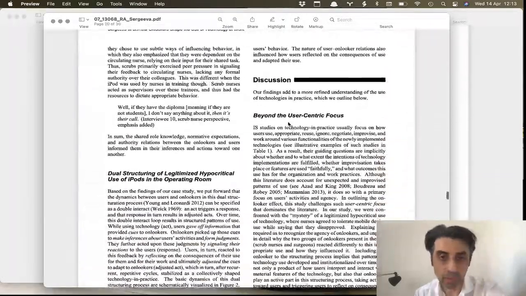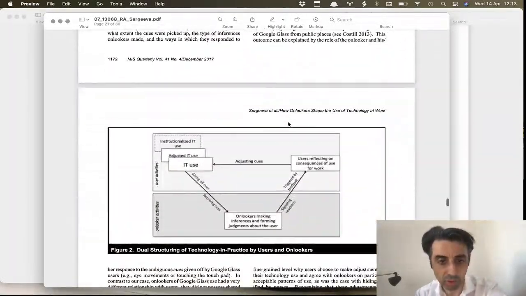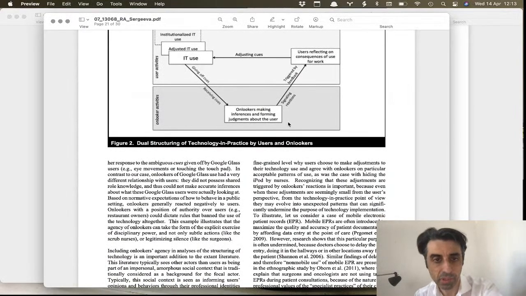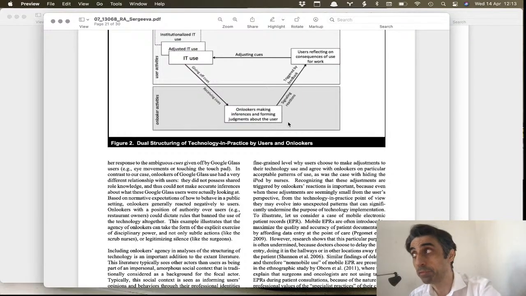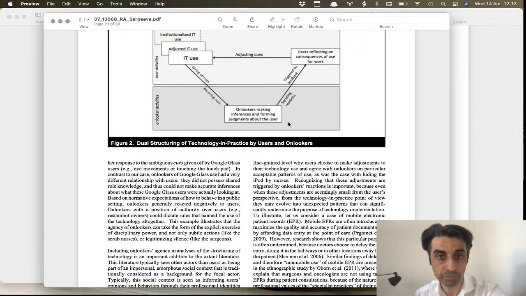So take a look at these two papers. They are two great examples of how you can use new and innovative ways of presenting your data in your analysis when you want to remain faithful to the richness, the nuance, and the complexity of your analytical process and your data.